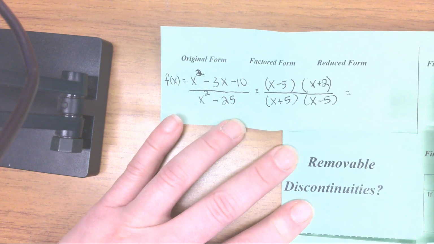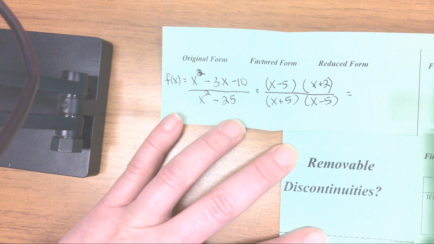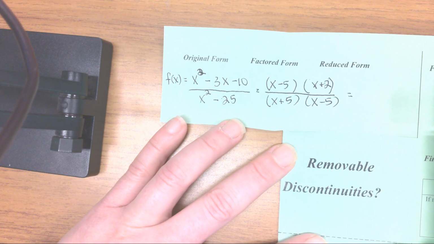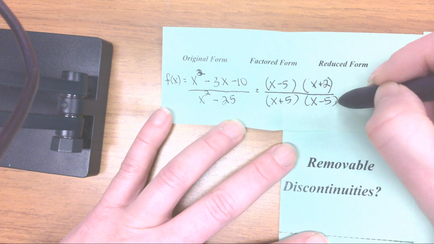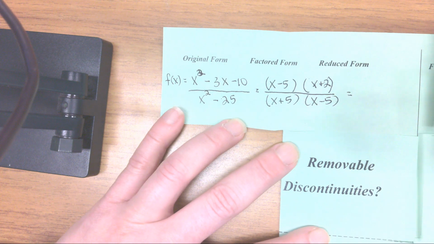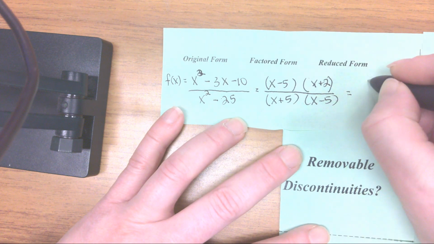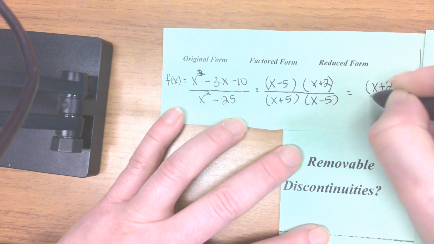What would be its reduced form then? Reduced form means you're going to cancel something out of top and bottom. Can't you cancel the x minus 5 on top and bottom? So we would be left with x plus 2 over x plus 5.